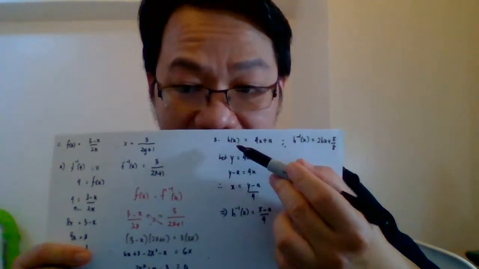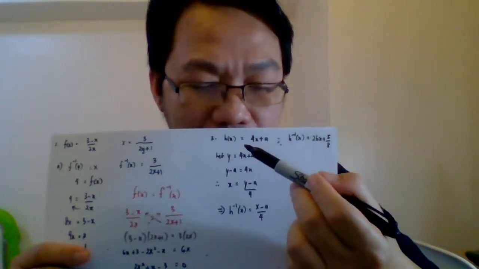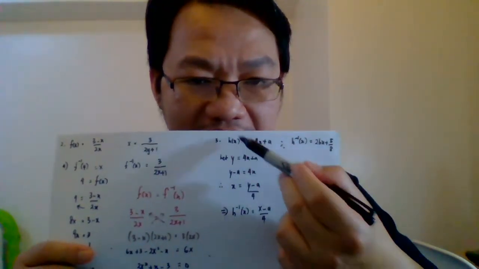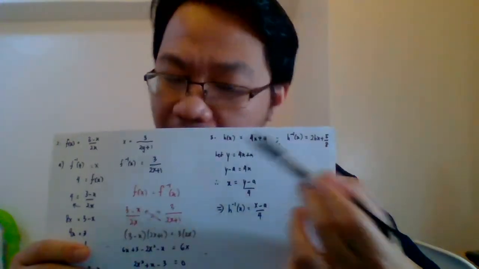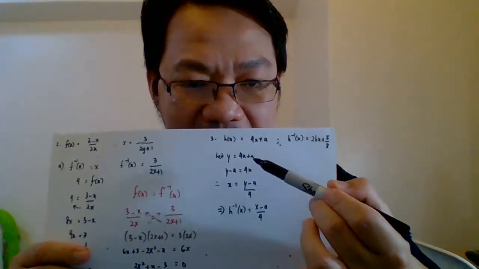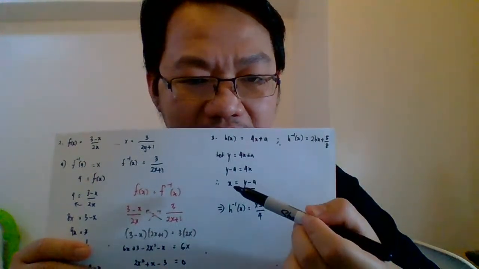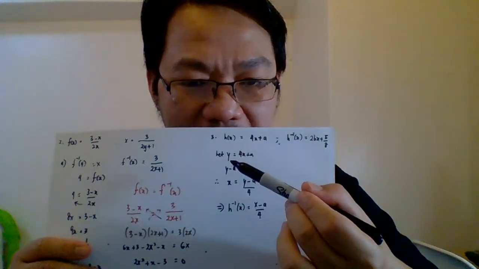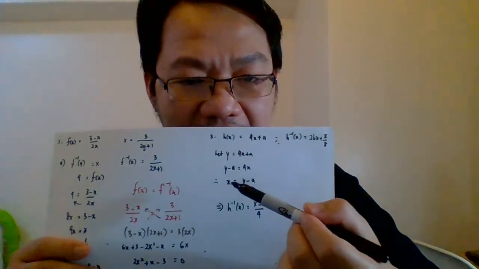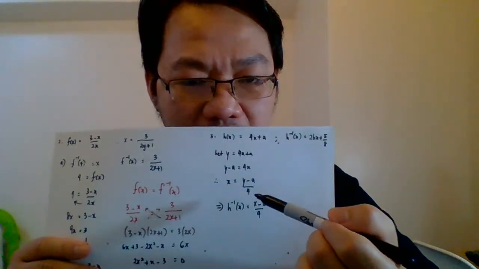We got h(x), we got h inverse. What we need to do is inverse the normal h so that we get this. To get the inverse, as usual, let y equal this and then make x the subject. 4x is already positive, so I move the a to the left side, it becomes minus, and 4 moves to the left side, it becomes over.